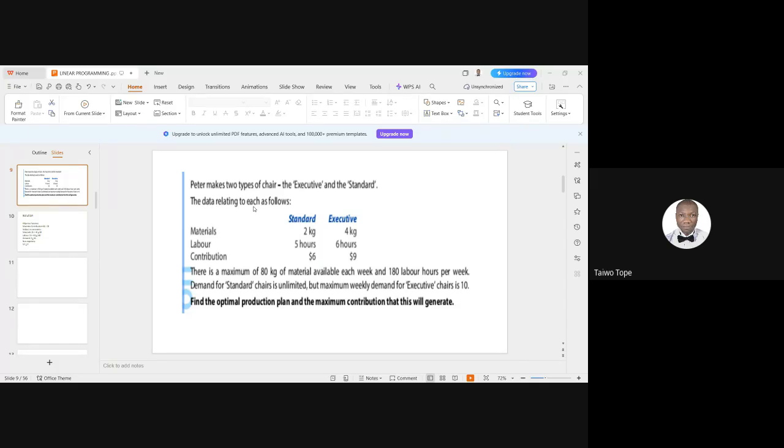So it means we need to go further. We will not stop here, because we are asked to find the optimal production plan. So for us to solve this, to determine the optimal production plan, what are we going to do?